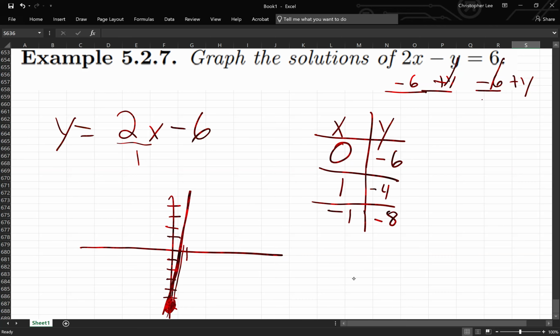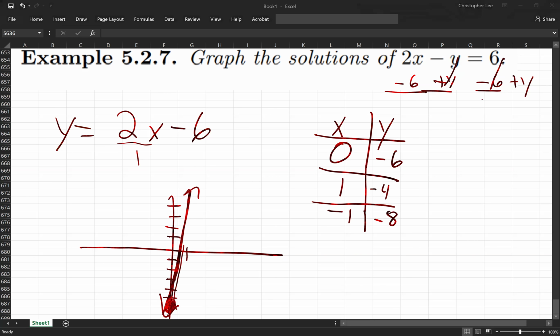Some line that's very, very steep should happen like that. Y'all get the idea, right? And your homework is this easy, by the way. Nothing complicated.